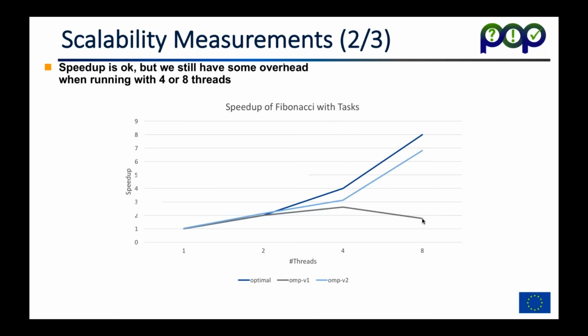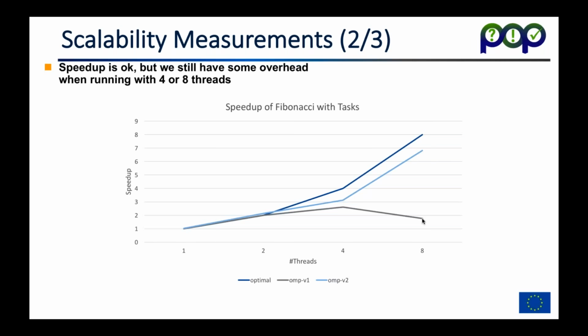And if you look at the performance you get with these simple changes, now you see the scaling is much better. You're still not at the optimal speed up, but even after 2 threads, with 4 and 8 threads, you get significant speed up, and you come at least to a speed up of close to 7 with 8 threads.